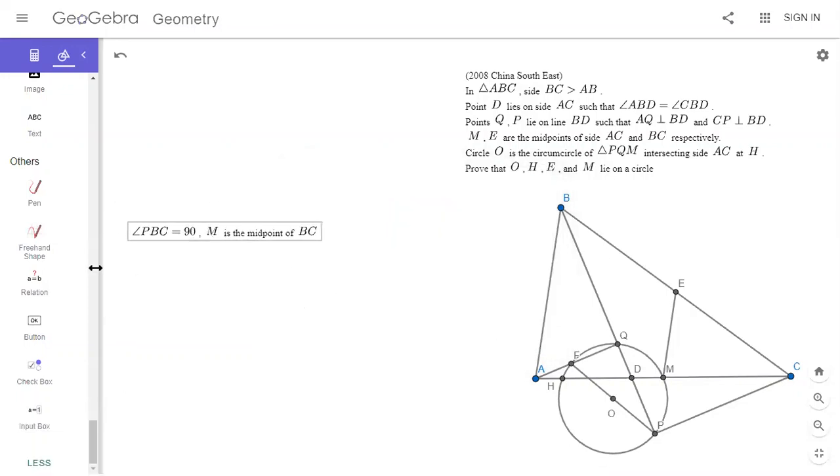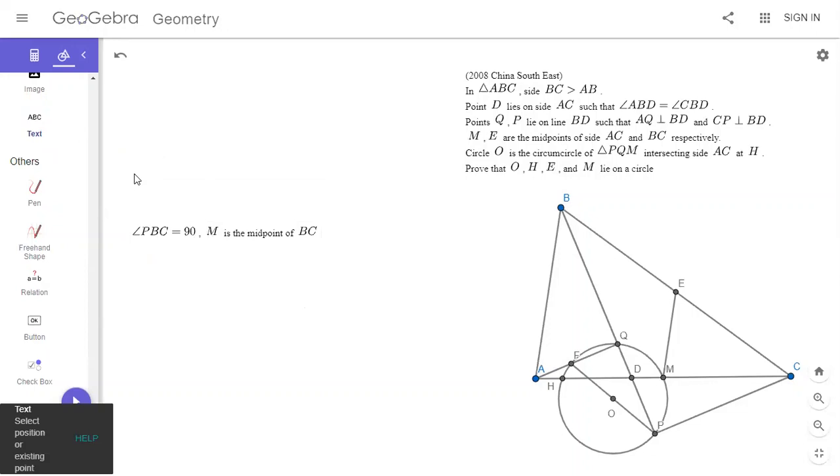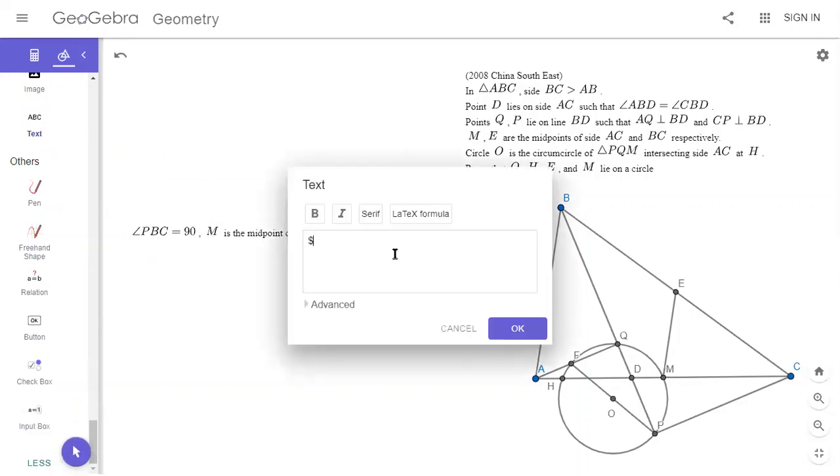Actually, before that, we know ME is parallel to AB because it's a midsegment. And so angle MEC is equal to angle ABC.